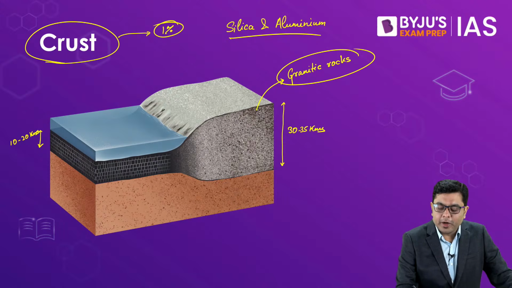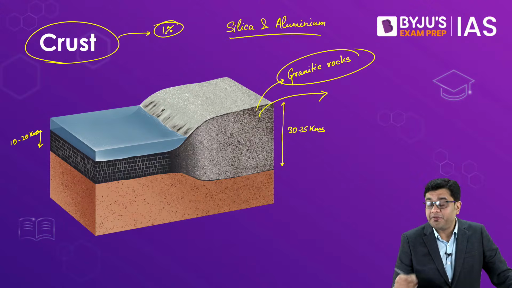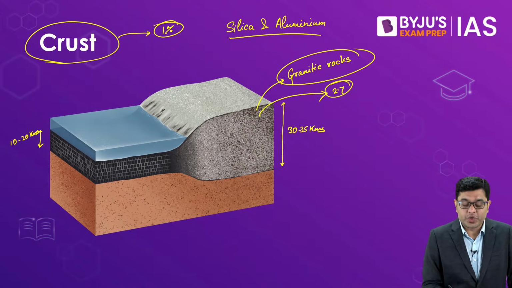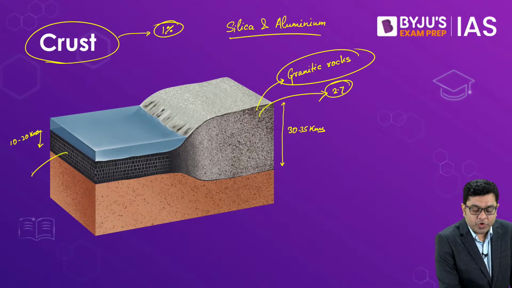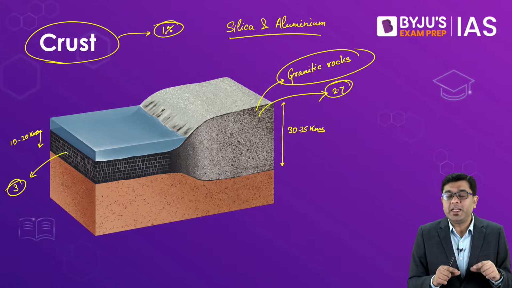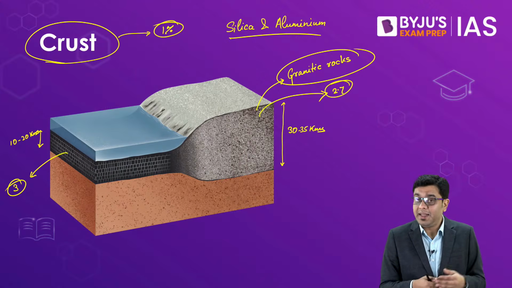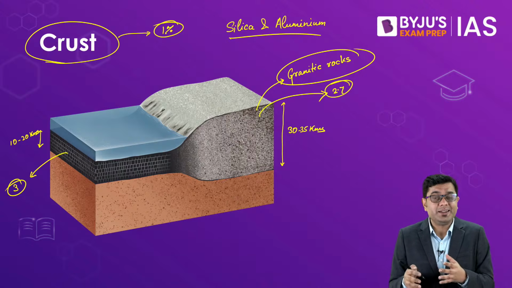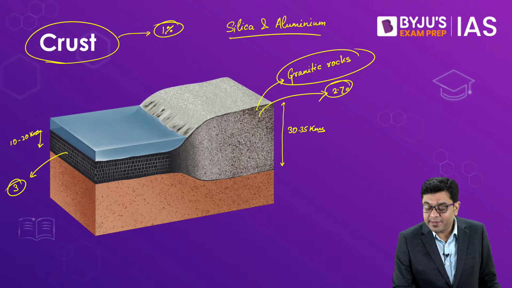The density of the continental crust comes to be around 2.7, right? Whereas the density of the oceanic crust is around 3 grams per centimeter cube. So, the density of the oceanic crust is significantly higher, okay? Whereas the density of the continental crust is lesser.